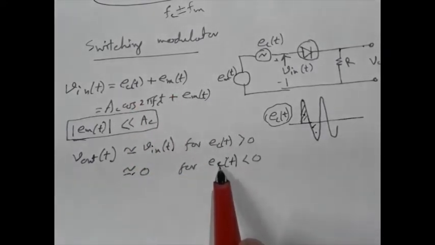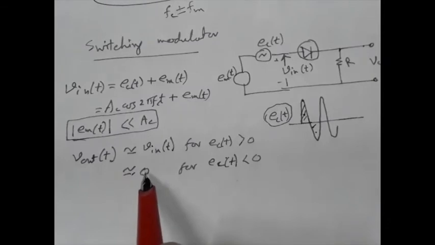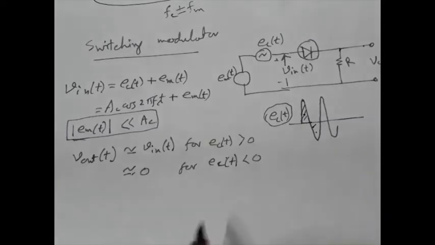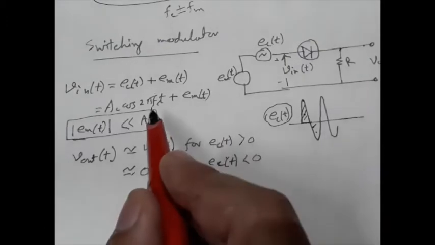And during the negative half cycle of the carrier, the output voltage is 0. This means that the load voltage V out of t varies periodically between the values V in and 0 at a rate equal to the carrier frequency fc.